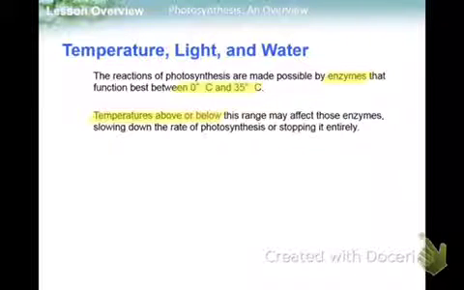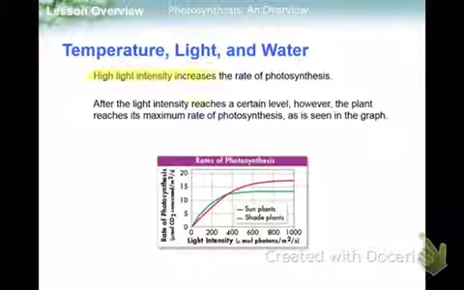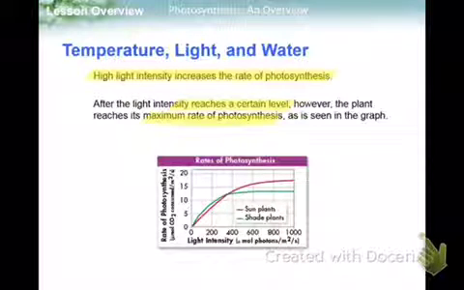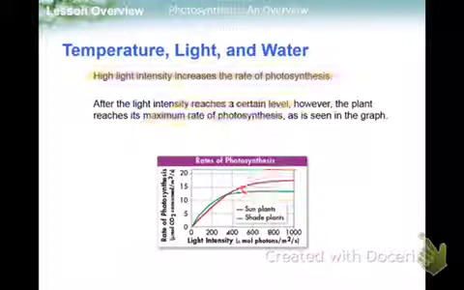Temperatures above or below this range can denature those enzymes and can slow down or stop photosynthesis entirely. Light intensity increases the rate of photosynthesis, but only to a certain point. There's a maximum rate of photosynthesis that you can see here. You see a leveling off, and it's less in shade plants than it is in the sun.